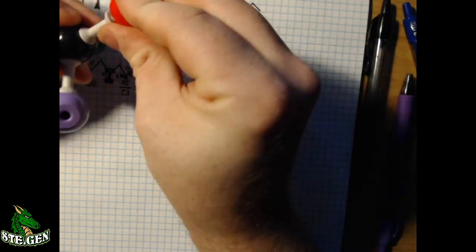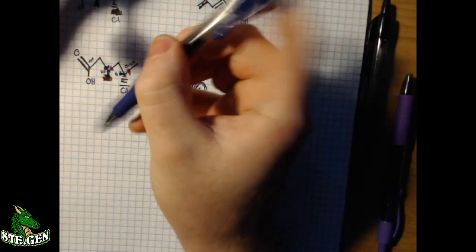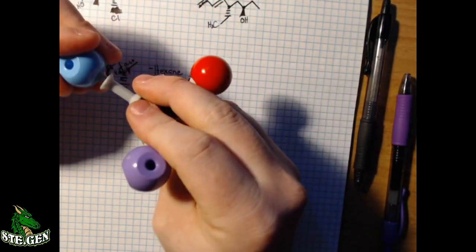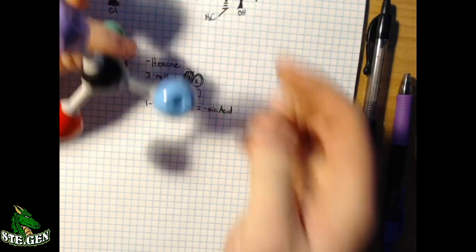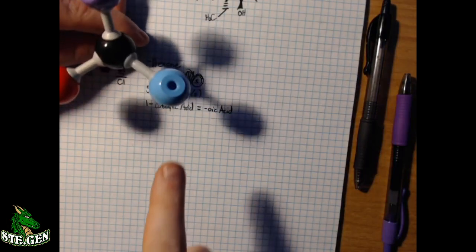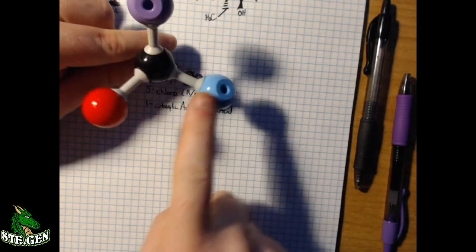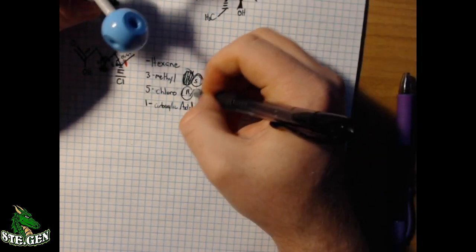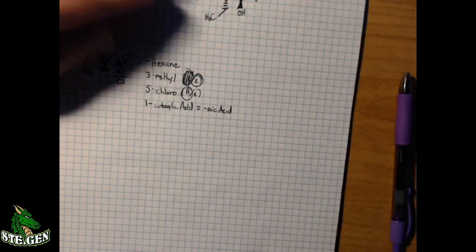Red will go up here, and that means blue must be this group right here. Orient it so that green is pointing to the back, or the lowest priority is pointing to the back. Purple, blue, red, purple, blue, red. This is going to the right, or clockwise, so it is an R configuration.